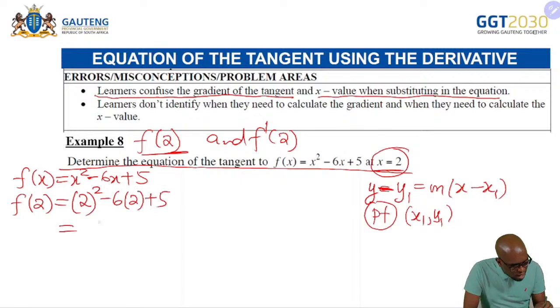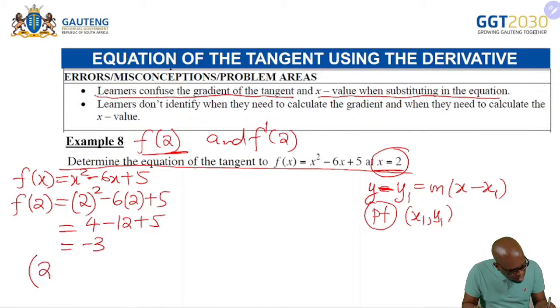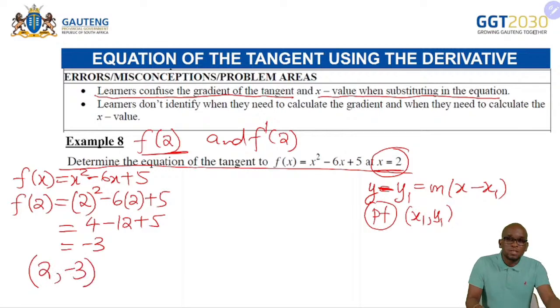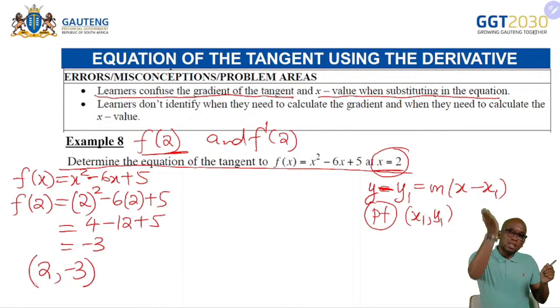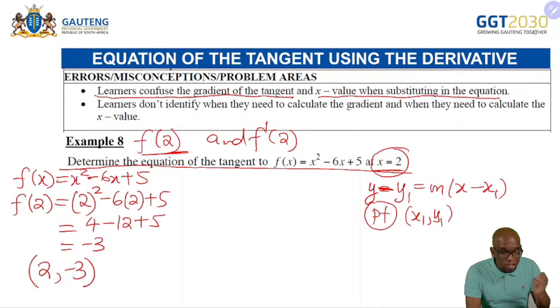So this becomes 4 minus 12 plus 5, which is equal to minus 3. So the point of contact when x is 2, y is minus 3. That is where the function and the tangent intersect, or the point of contact between the two.